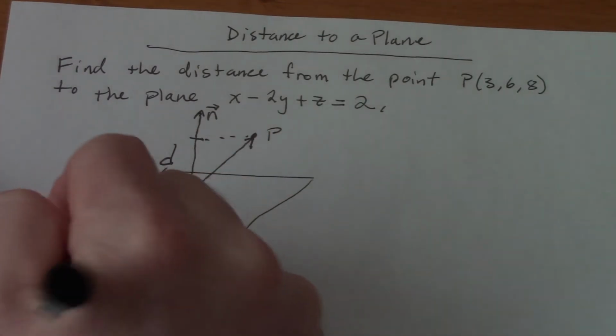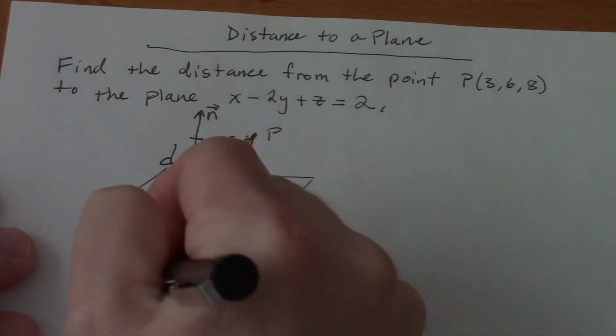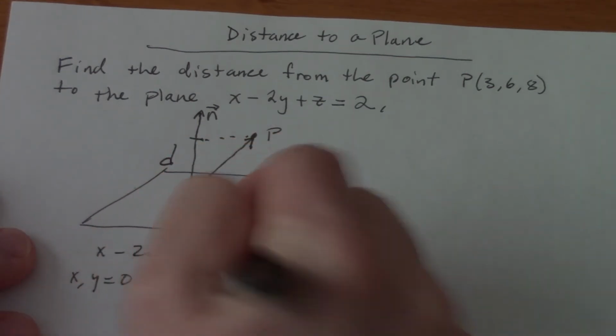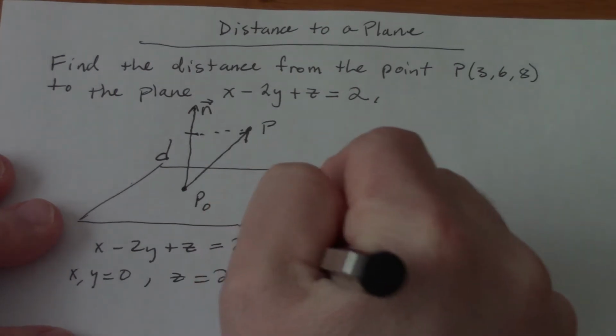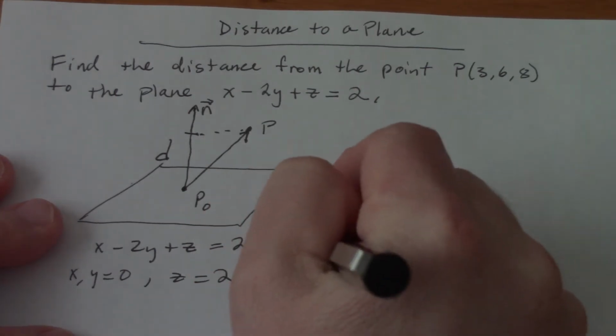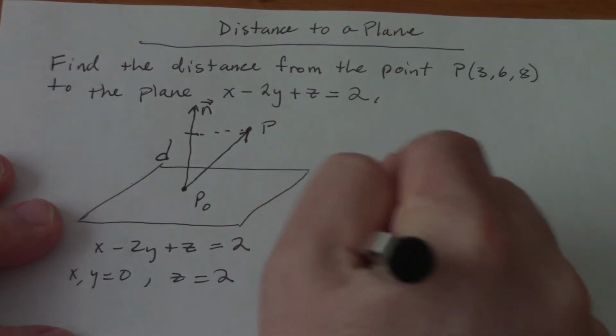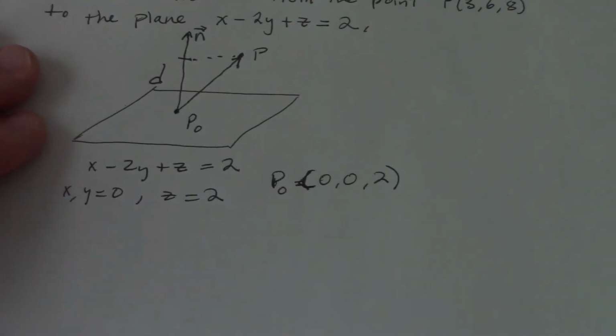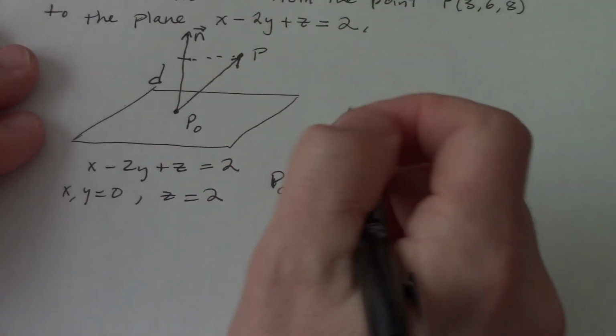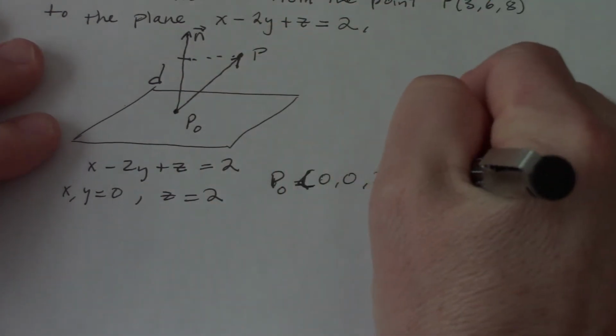we're going to let x and y equal 0, and then z would be 2. So my point P0 is 0, 0, 2. Pretty easy one. And then we've already got the point P, which is 3, 6, 8. Let me copy it down here.